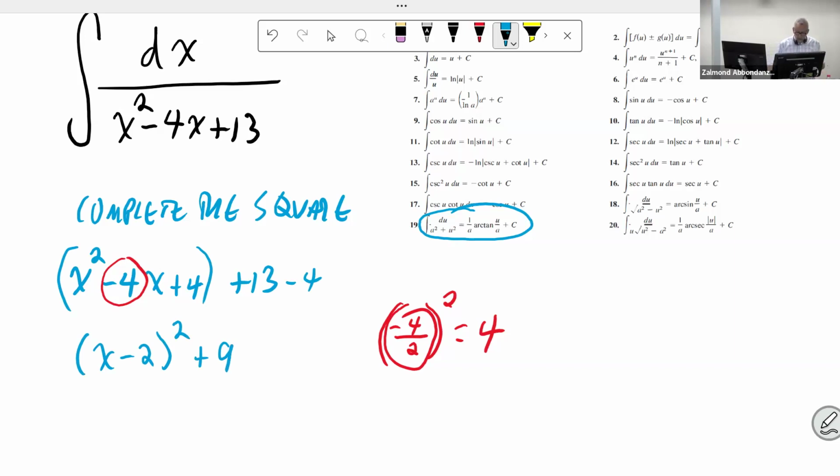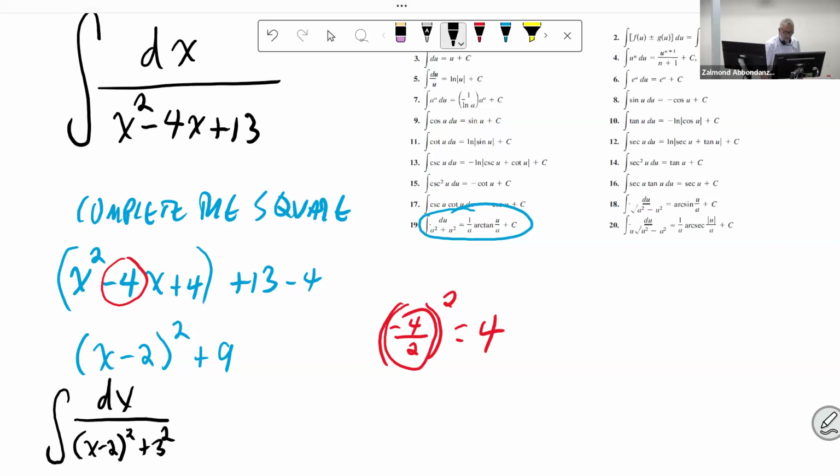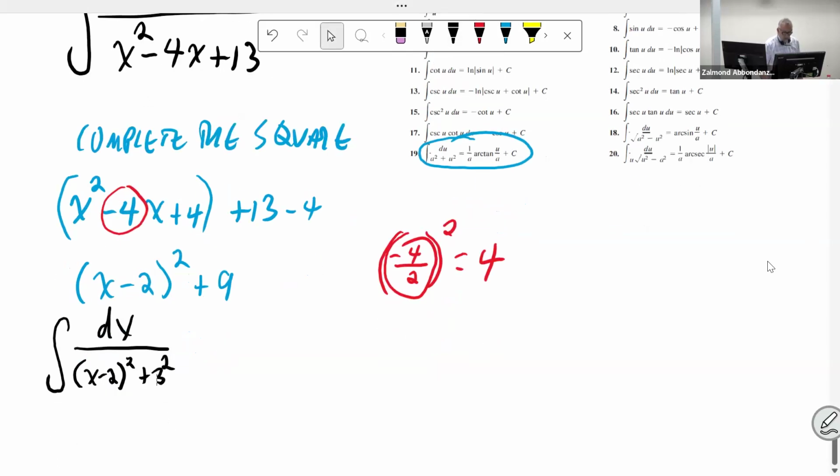It would be better to rewrite that 9 as 3 squared, which makes it more obvious. So we have dx over x minus 2 squared plus 3 squared. Now it's looking like something we can deal with, and it does look like number 19.